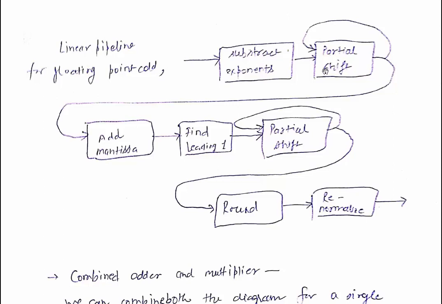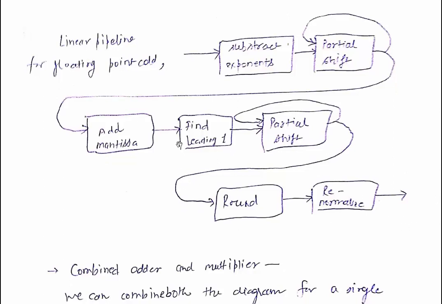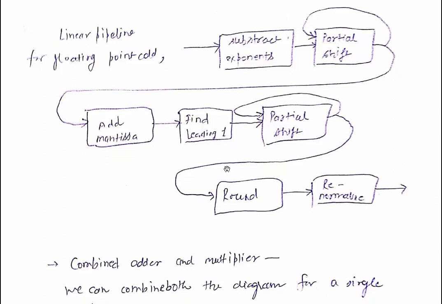Then you perform the partial shift operation, which shifts one of the mantissas based upon the lower value of the exponent. Then you add the mantissas. After that you find the leading ones, because you may have to store the result in IEEE 754 format. Then again you perform a partial shift, then rounding off and renormalization. That is how the linear pipeline for floating point addition works.